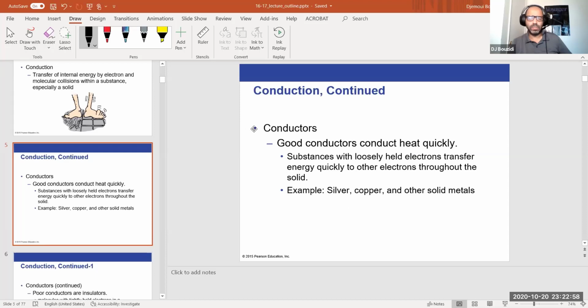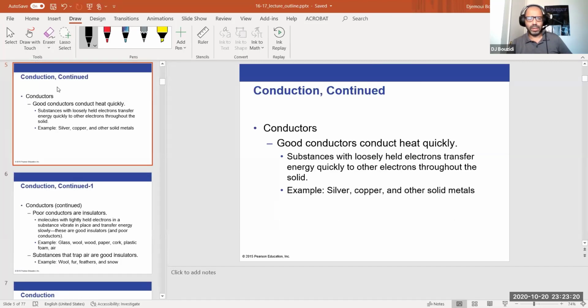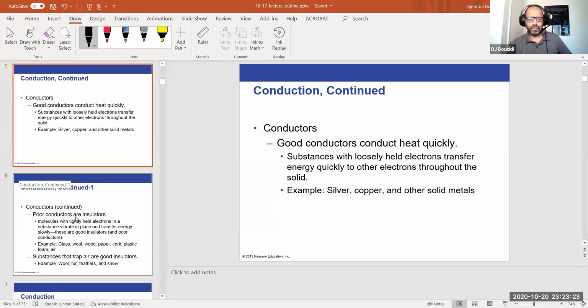Silver and gold are not because they are more expensive. Iron is also a good conductor, but not as good. Copper is about 10 times, or actually 20 times, better than iron. But iron will also conduct heat.